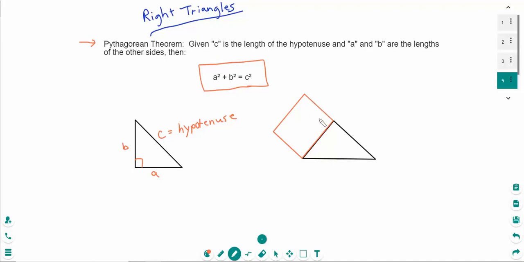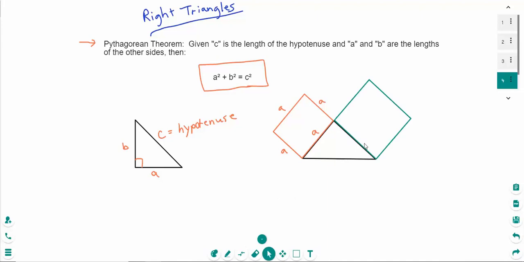It looks more like a rectangle, so you'll have to bear with me and pretend that this side, we'll call it side A. This A length is the same length as this side and this side and this side. So this is a square made up of one side of this triangle.